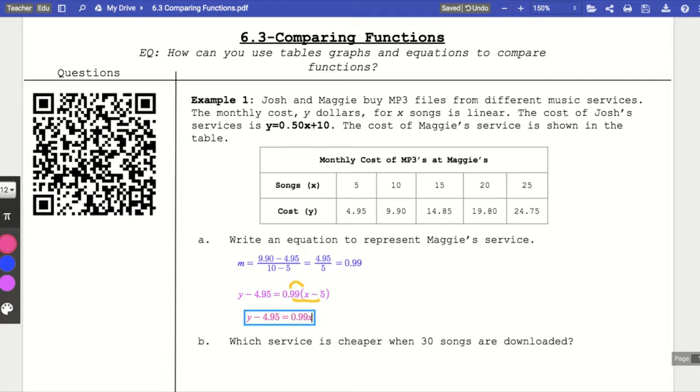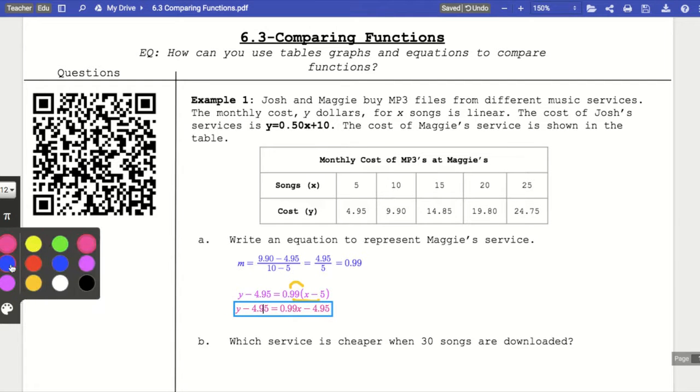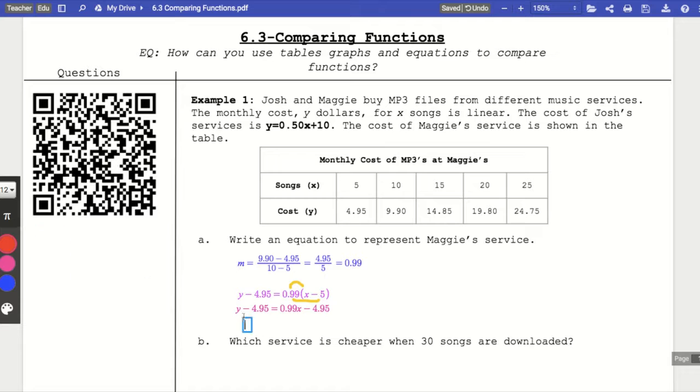And then 0.99 times 5 is going to be minus 4.95. Okay, so now I'm in my last step. I just need to add that 4.95 over so I can have y by itself. So plus 4.95.